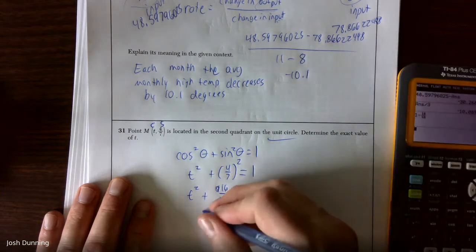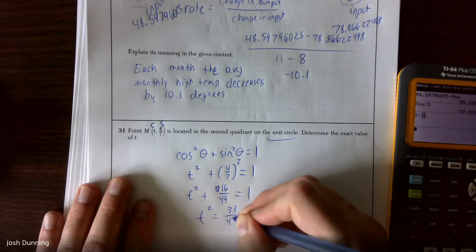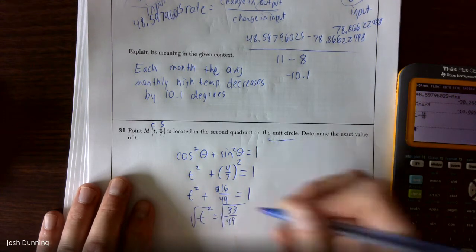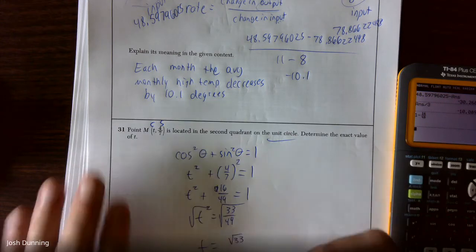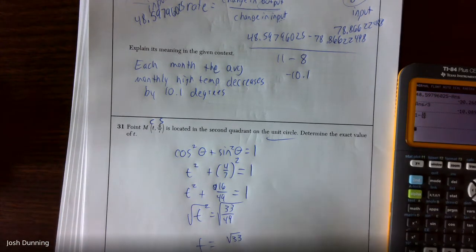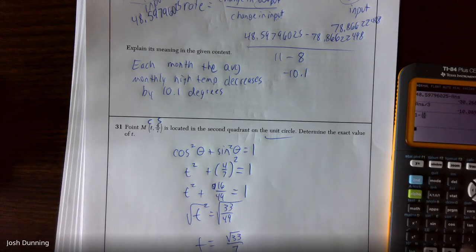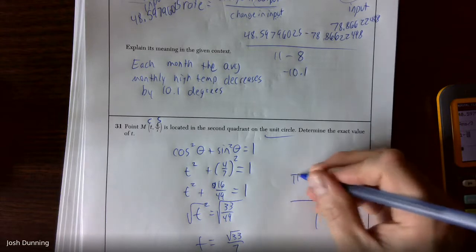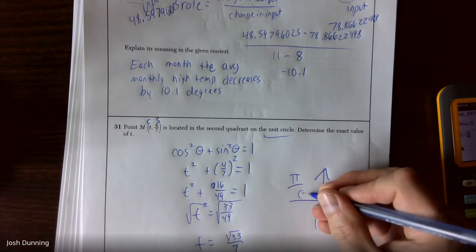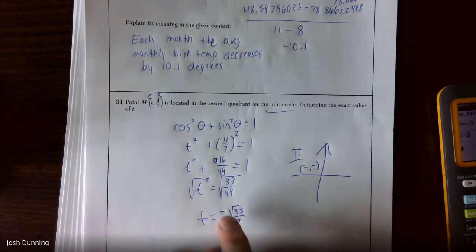We get 33/49. Take the square root. Now, I don't know that one. I'll leave it as radical 33. Hey, that can't be reduced. Cool. Over 7. But we are in the second quadrant here, which is left and up. So our cosine should be negative.